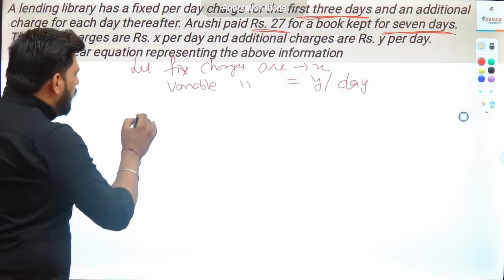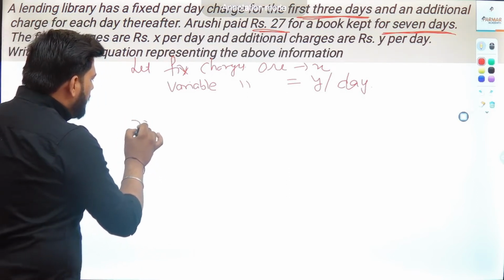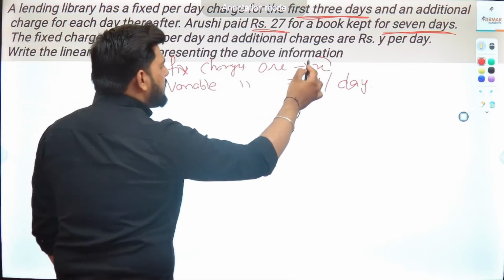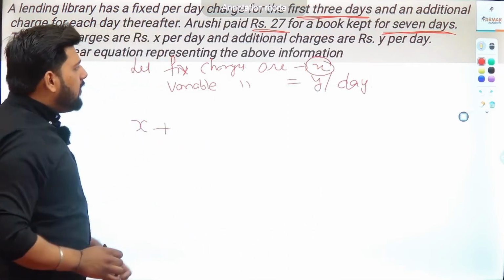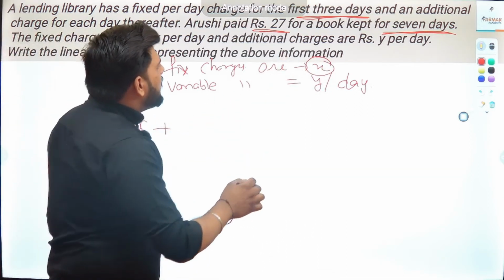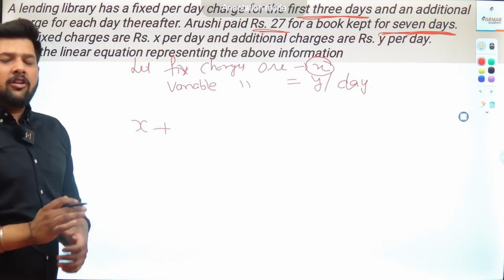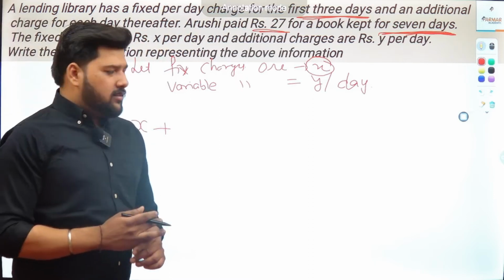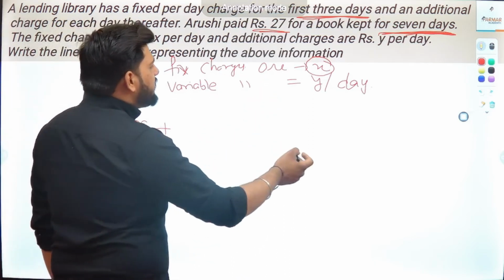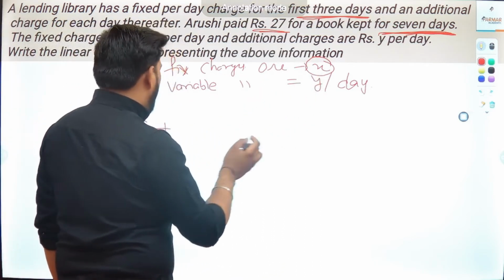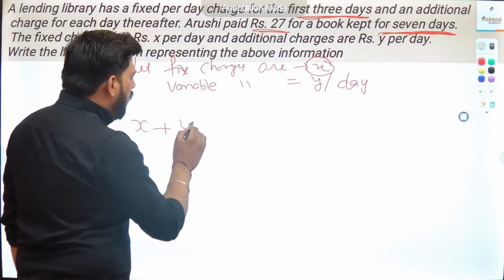That means for the first 3 days she has to pay rupees x. Total number of days are 7, and she pays rupees x for the first 3 days. Now the remaining days are 4 days. So for the remaining 4 days she has to pay y rupees per day, so the amount is 4y.